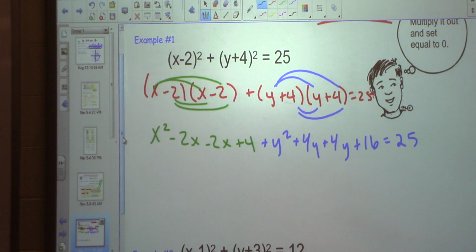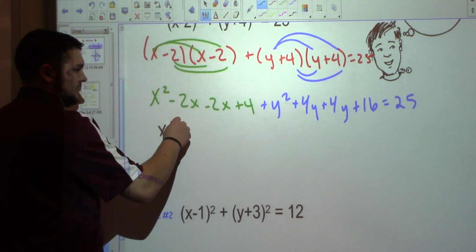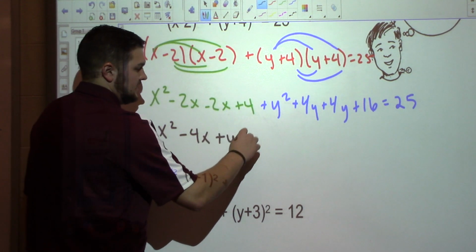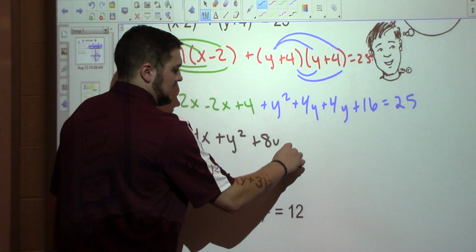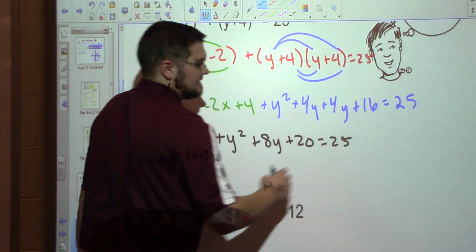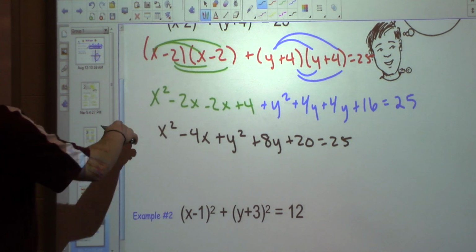Now, all I'm going to do is combine my like terms. X squared minus 4x plus y squared plus 8y plus 20 equals 25. Now notice that certain order we talked about when it's in general form. This is the order I'll do most of the time.